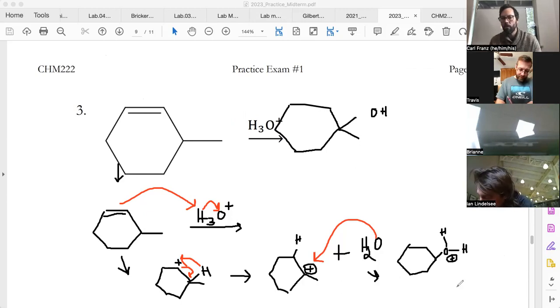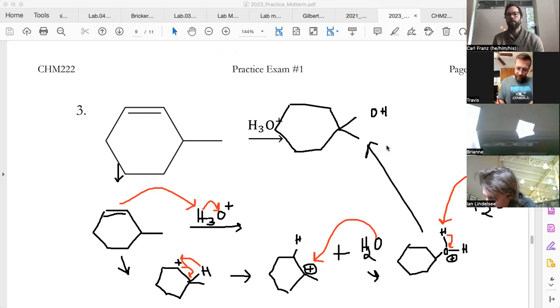All right. And then we have another H2O. And there are some lone pairs. That's going to come in and take that hydrogen off. Those will be lone pair on the oxygen. And we get this.